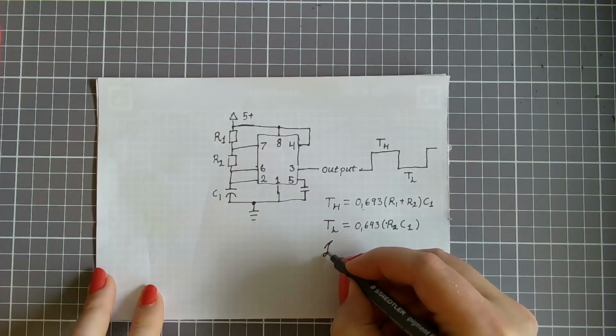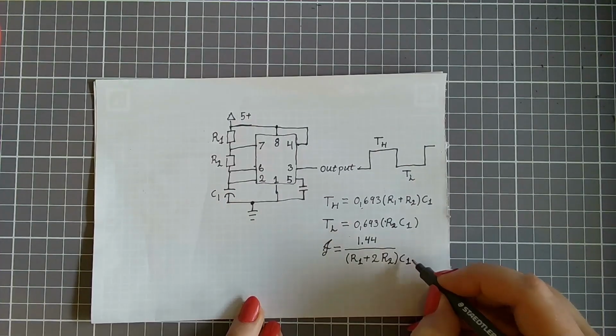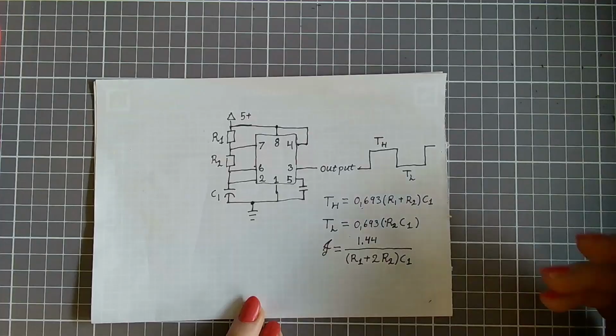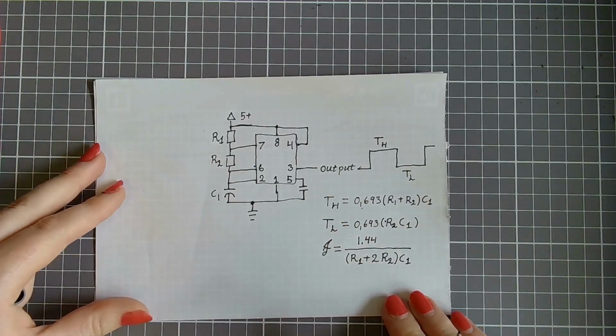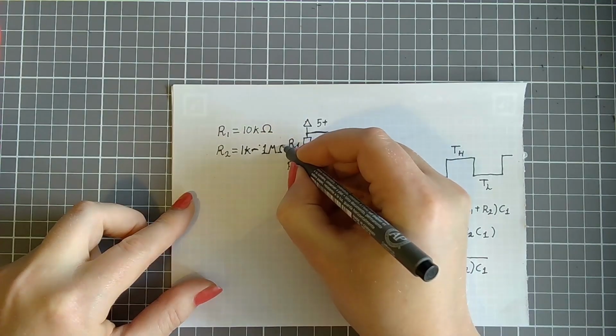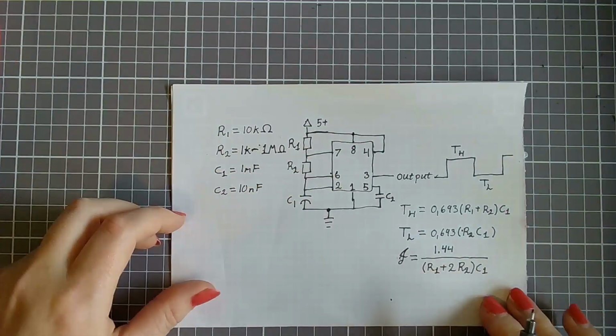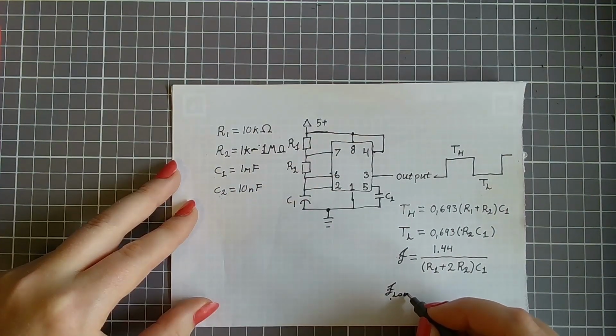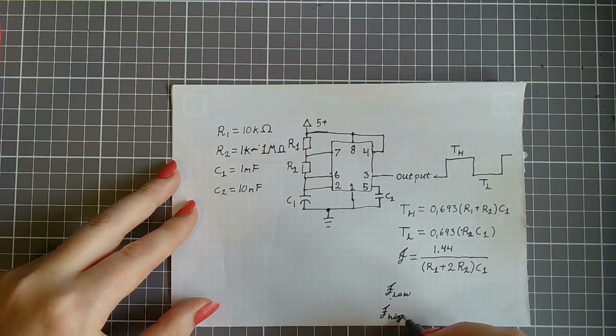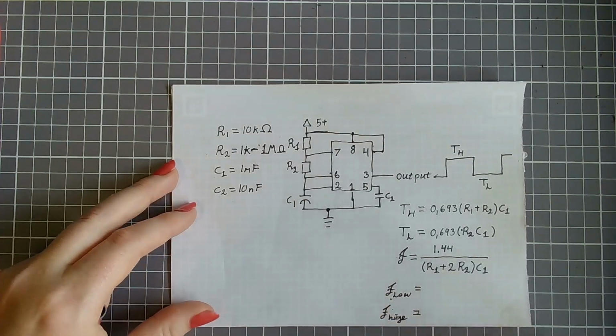We can also use online calculators to calculate the time and the frequencies of the circuit, depending on the component choice. I found this one at DigiKey, and this calculator also came with the schematic that we drew up.